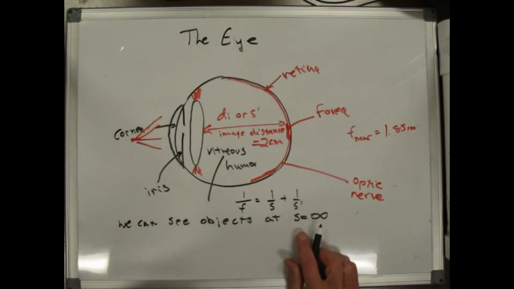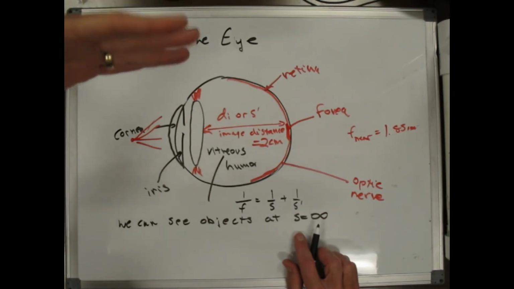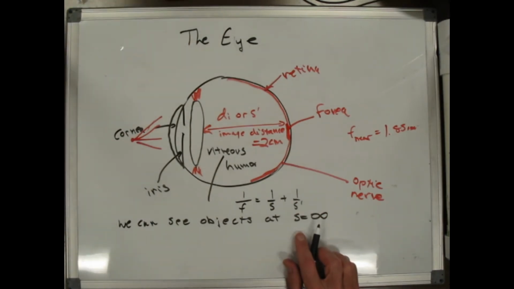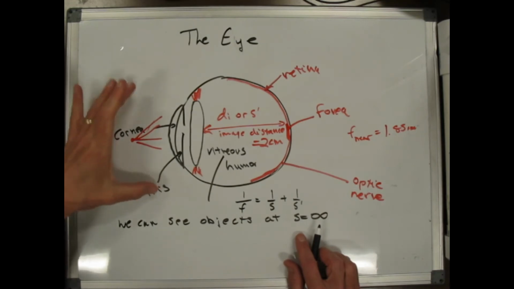And in fact, our eye is relaxed when we're looking at infinity. That's why microscopes and telescopes will generally put the image distance at infinity when you look through them, so that your eye can just relax and doesn't need to accommodate the object. Our eyes are straining when we're trying to see things that are nearby and relaxed when we're looking at infinity.